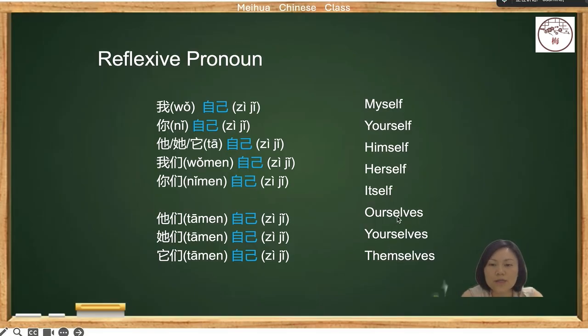From self to selves, little difference. In Chinese, we use a word 自己 after the personal pronoun. So notice that for the plural of personal pronoun, we don't have a plural form here, right? We don't have the difference as in English from self to selves. In Chinese, it's always 自己 in a single form or in a plural form.